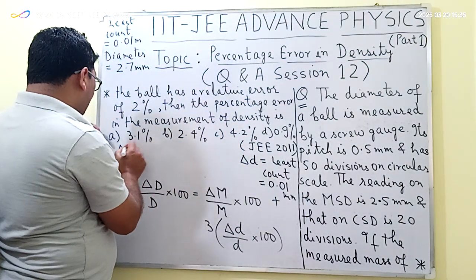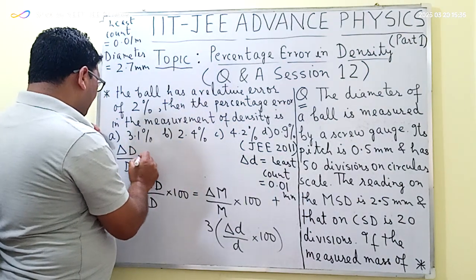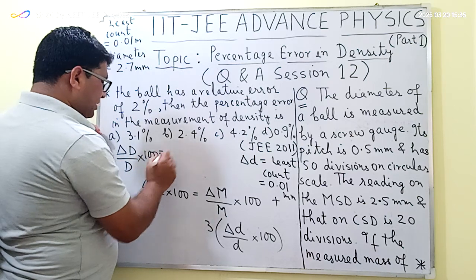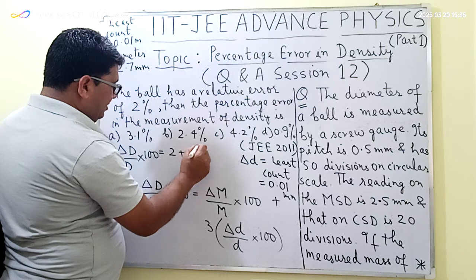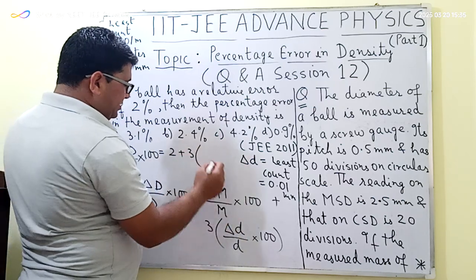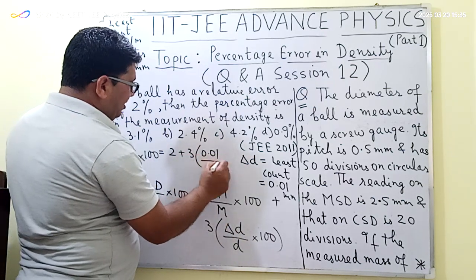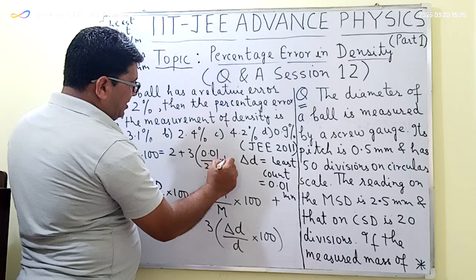So delta D by D into 100 will be equal to 2 plus 3 times 0.01 divided by 2.7 into 100.